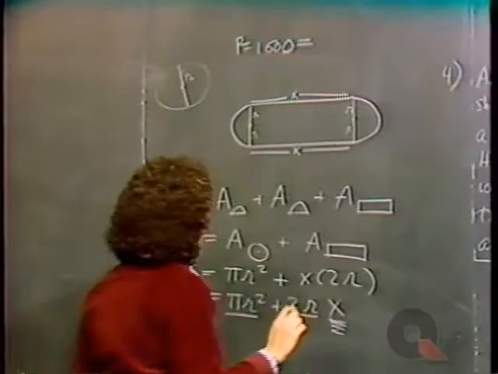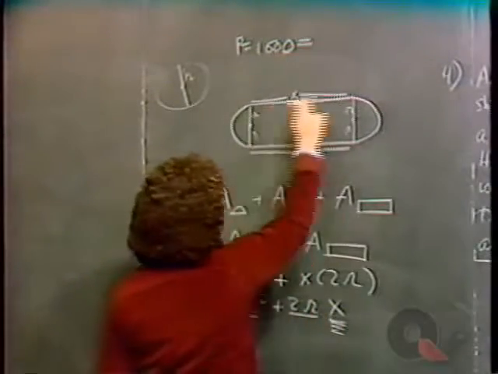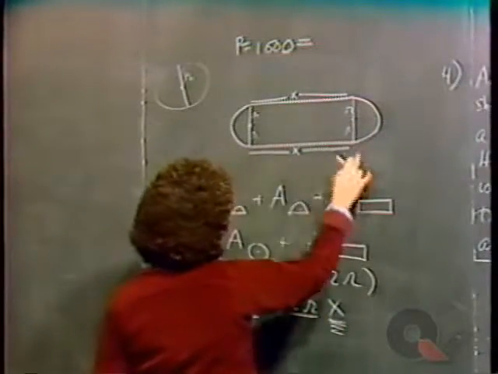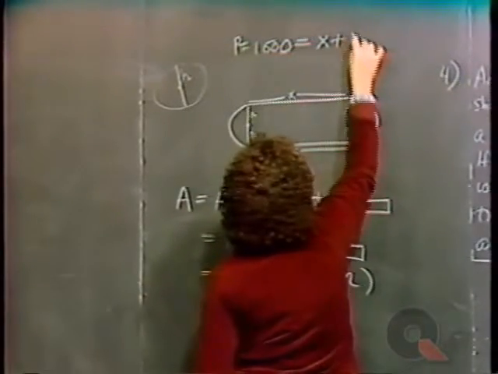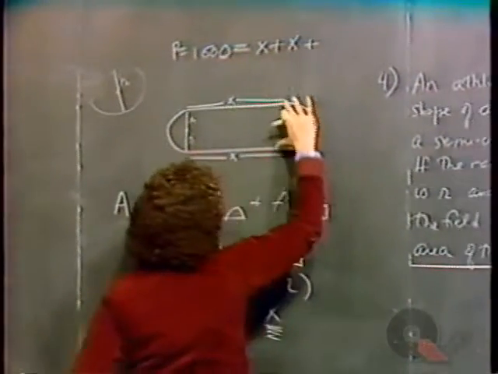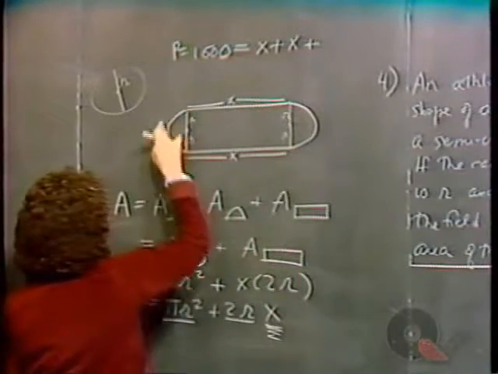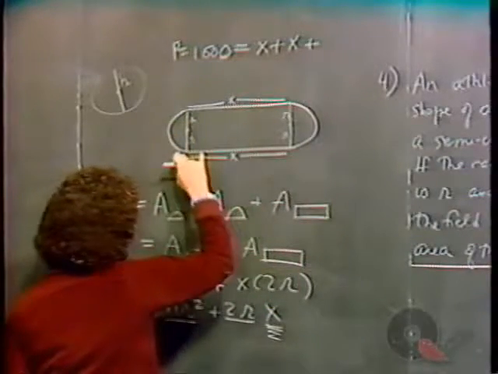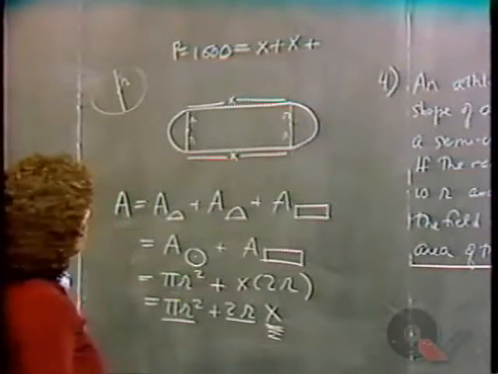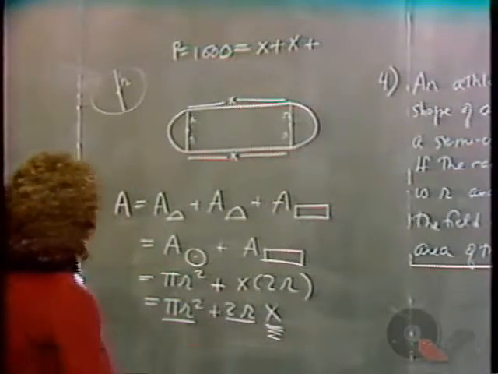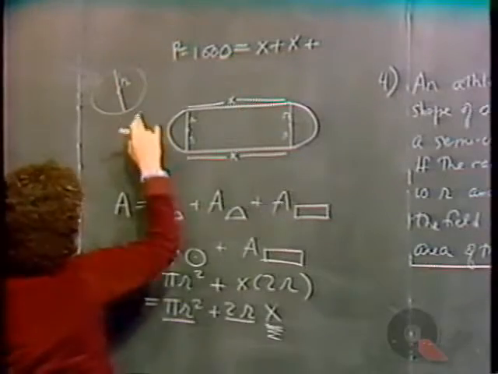Now, we have the two sides of the rectangular region. That's X plus X. Plus we have the length of the semicircle here and on that. The two semicircles together give us a complete circle.